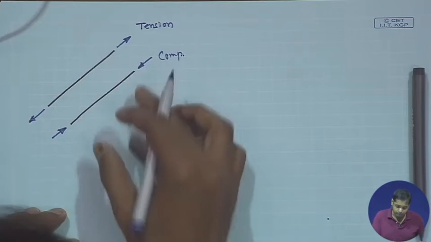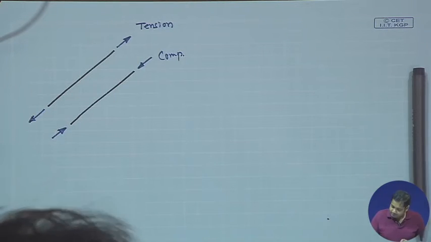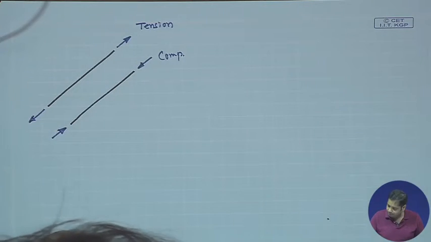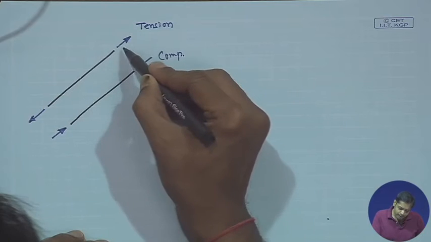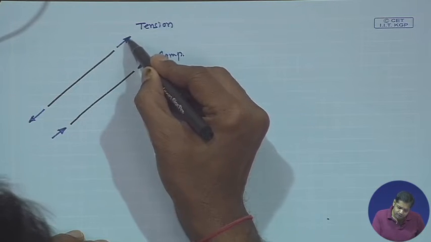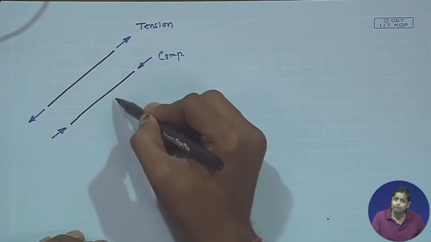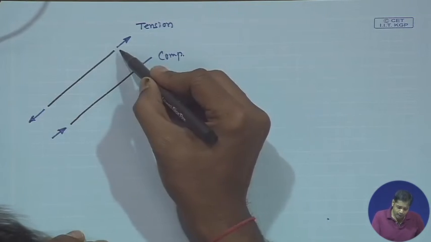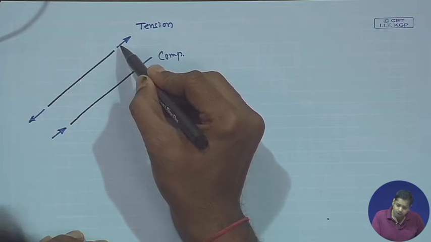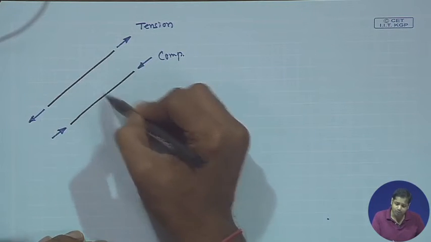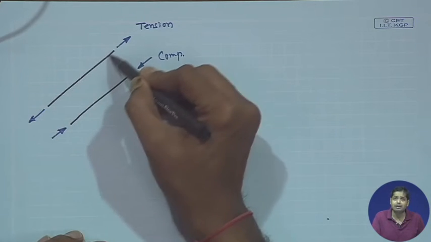So, any truss member. Now, since the forces are along the axis of the truss member, they are either compression or tension. This force will cause deformation in this truss member, but that deformation will always be in the axial direction.